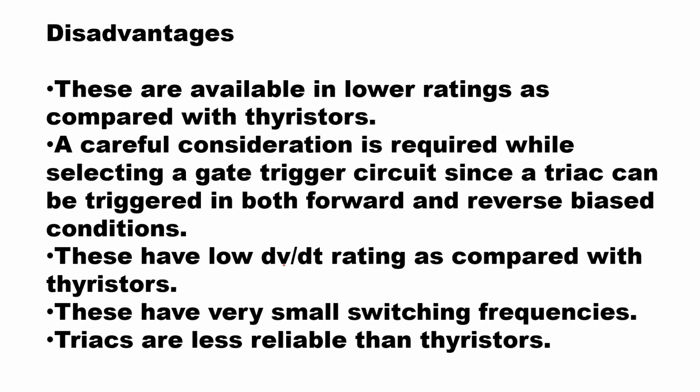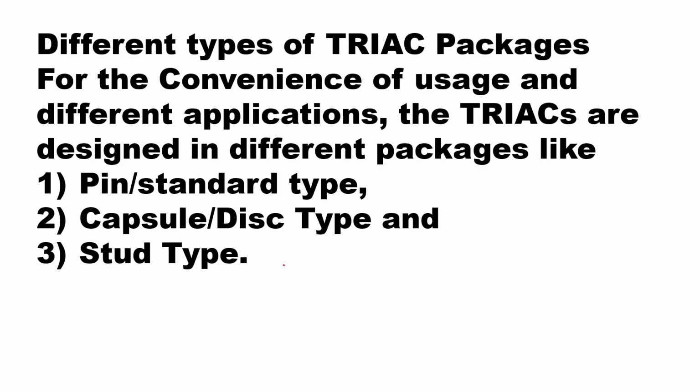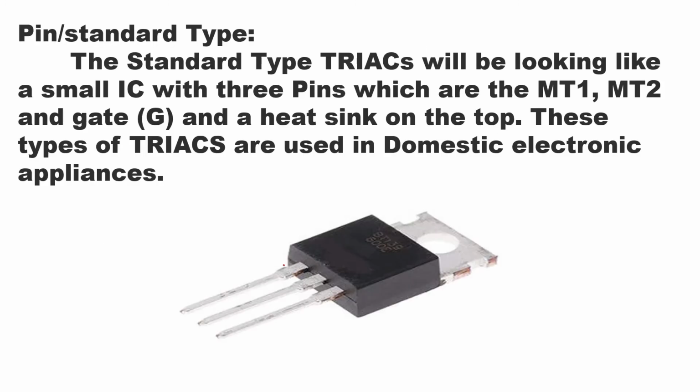Then we'll go to the next point. Different types of triac packages are available in the market. The first one is pin standard type, second one is capsule disc type, and the third one is stud type. If you see the pin standard type in this figure, there are three terminals.